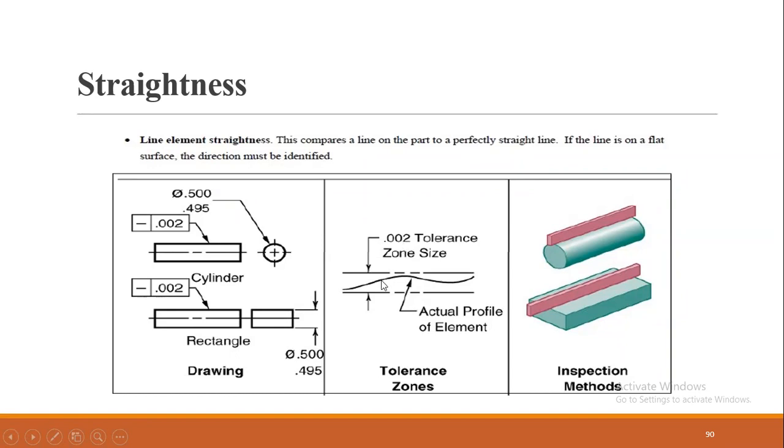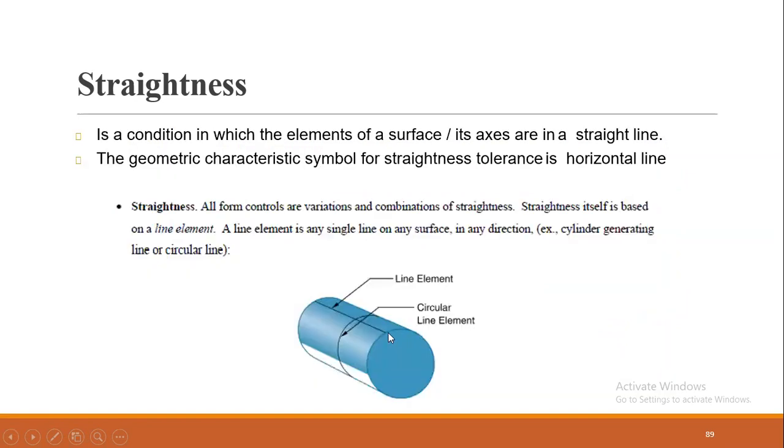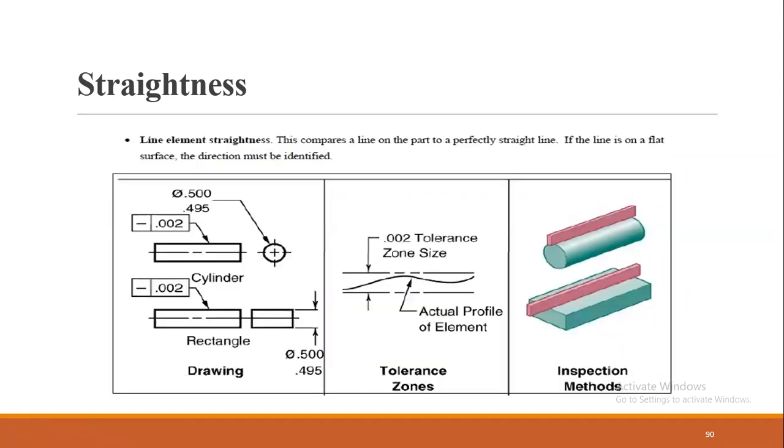0.002. So this line comes between this tolerance. What is the meaning? This surface will vary up and down in some portions, but not more than 0.002 tolerance. So how to inspect this one?